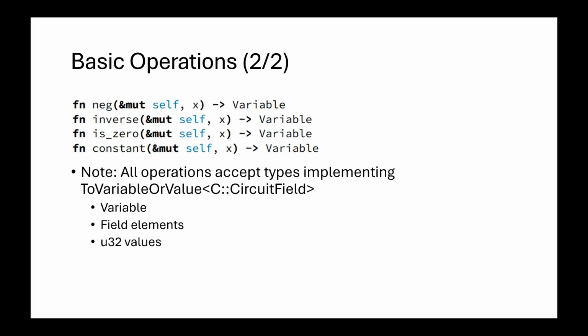This constant function converts a constant value to a variable. This function doesn't exist in Gnark, but in Rust we have to use a variable type, so we need this function.